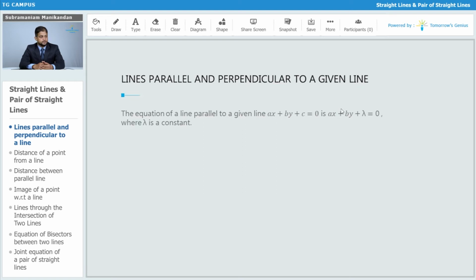How do we know this? Well, take ax plus by plus c equals 0. If we put it in the slope-intercept form, we get y equals minus a by b x minus c upon b. Similarly, the second straight line, if we put it in the slope-intercept form, we get y equals minus a by b x minus lambda by b.